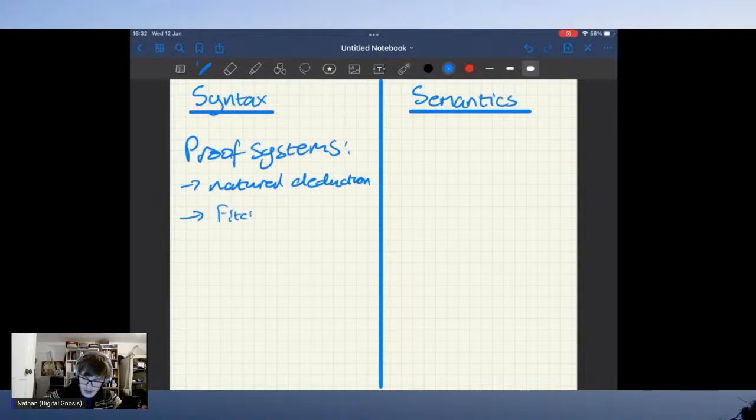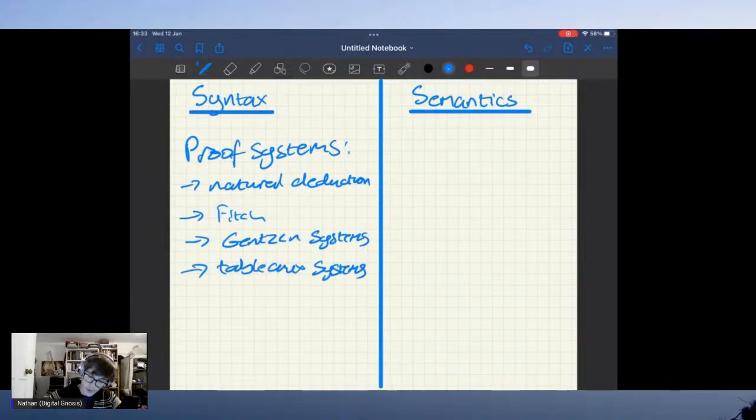There's Fitch proof systems, Gentzen systems, and Tableaux systems. What we're going to do in this course is, I will eventually introduce the others, but at least initially, we're just going to introduce the Tableaux system.